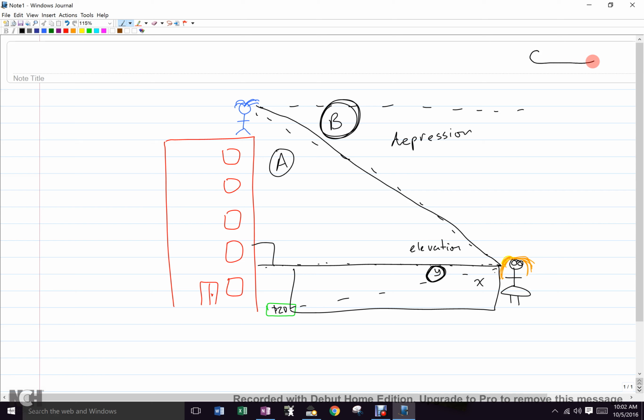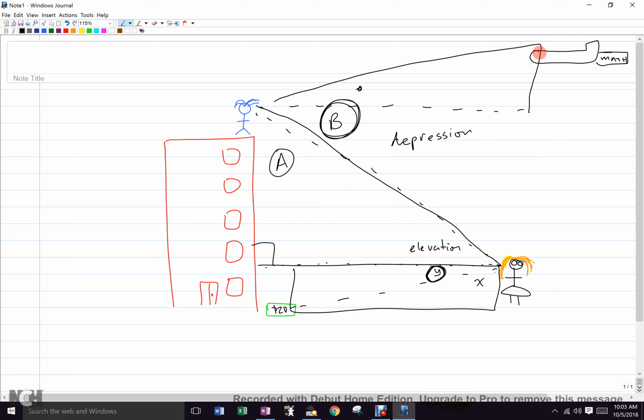Plane flying overhead, pulling a banner that says math. Where do my eyes go? Up to plane. Where is my angle of elevation? It is right here, right?